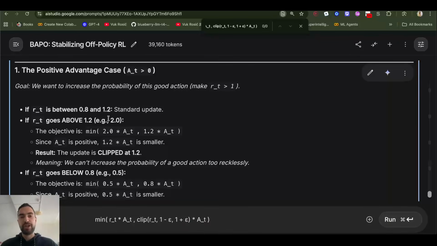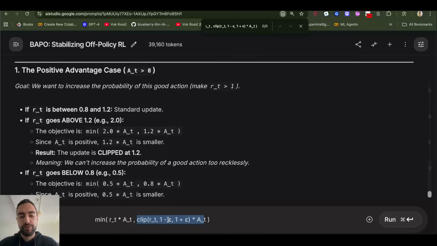An importance ratio of 1 would be the exact same likeliness of this token happening in the old model and the new model. So if the importance ratio is between 0.8 and 1.2, then this clipping will give the same result as not clipping. So both of these will have the exact same result because there is no need to clip. So then our reward will just be the advantage, which is a positive number, times the importance ratio, which is also some positive number in this range. So that's our reward. Now we will make all of these tokens more likely to happen.